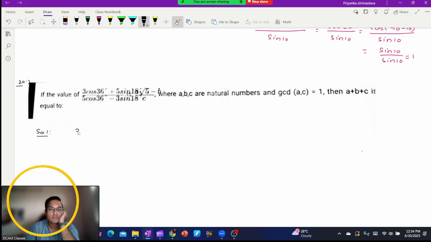What it is: 3 cos 36 minus 5 sin 18. Actually, it's not clear. It is 5 cos 36 minus 3 sin 18, divided by 3 cos 36 minus 5 sin 18, is equal to a root 5 minus b by c.